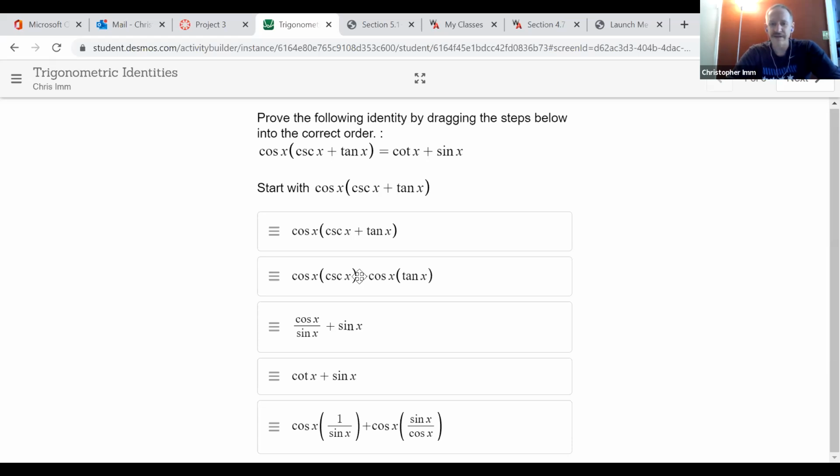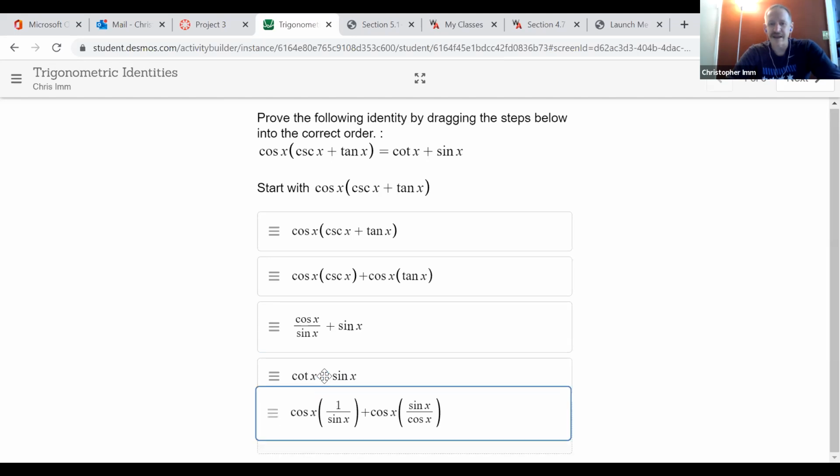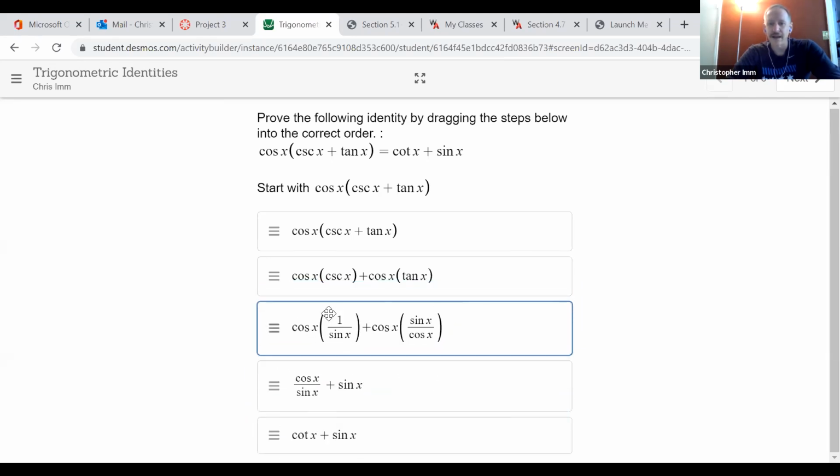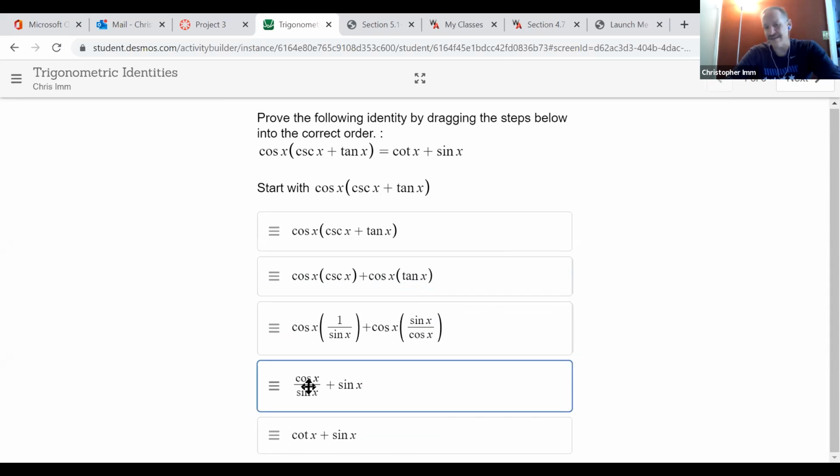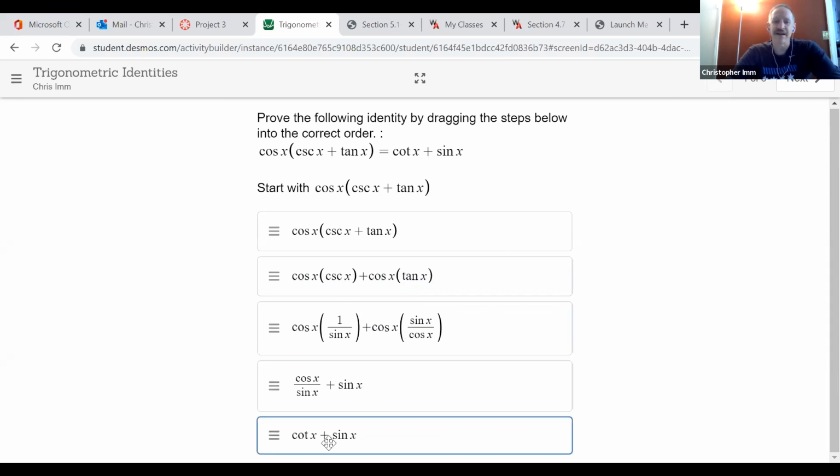So we can use those ratio identities and the reciprocal identity for cosecant to get these in terms of sine and cosine. And then it looks like I've got it, right? So cosine times 1 over sine, that's cosine over sine, and plus sine of x by the ratio identity is equal to the right-hand side.